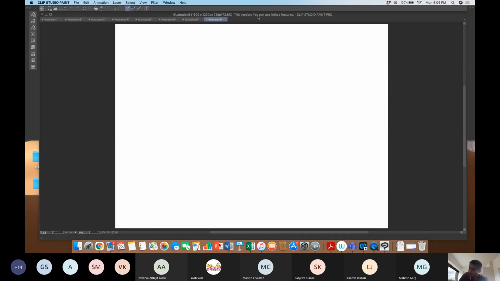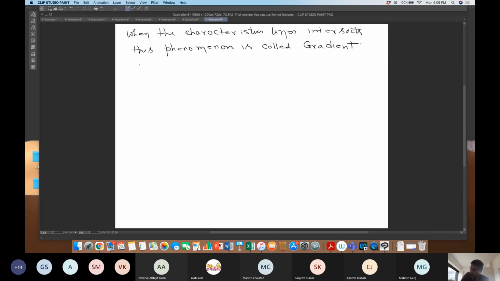So this phenomenon, when the characteristic lines intersect, is called gradient catastrophe.